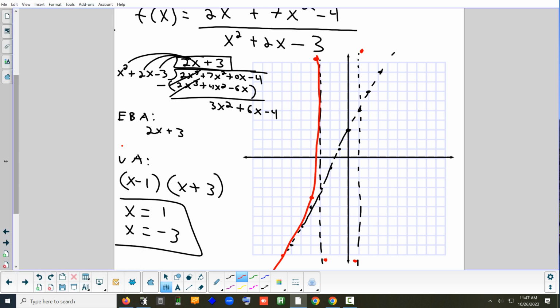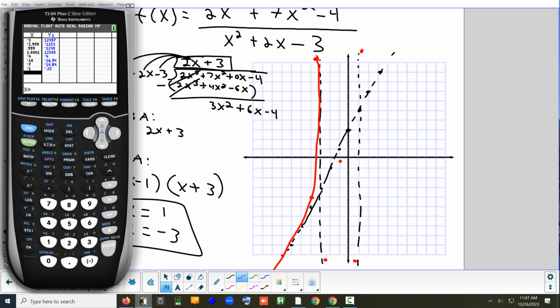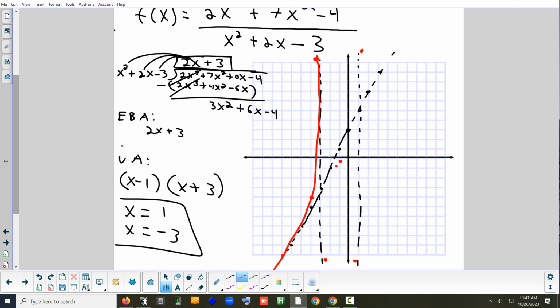Okay, so right about there. How about another x value? -1.25. Yeah, you can do that one. So you're a little above -1. So maybe right about there.